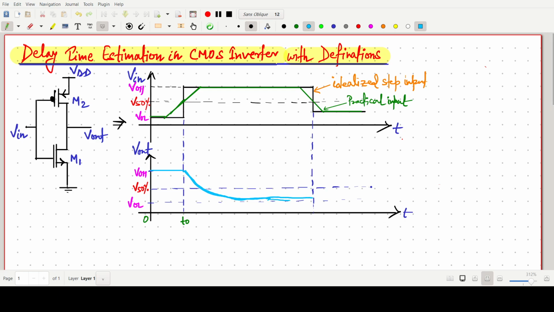Ideally it will decrease like this. When the input is low, the output is high. Try to understand it. Then when the input is high, the output goes to a low value. It will come here.